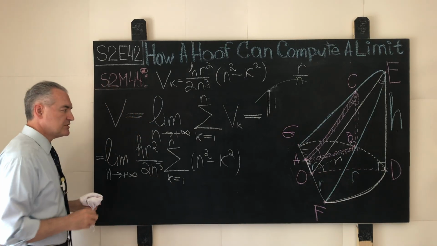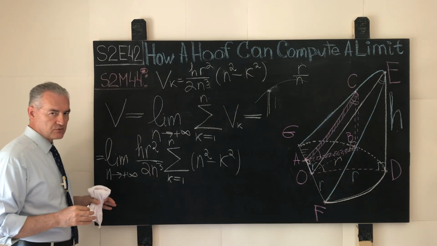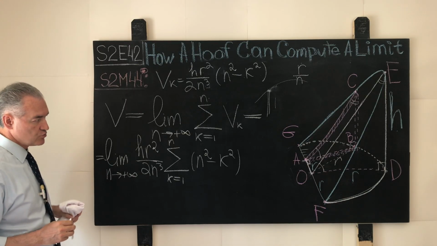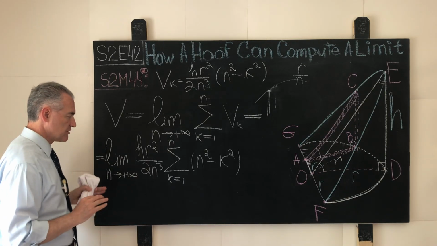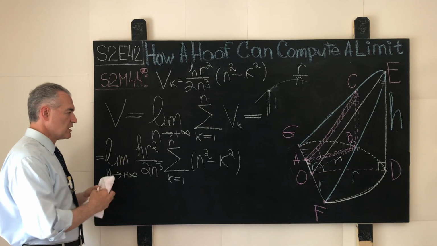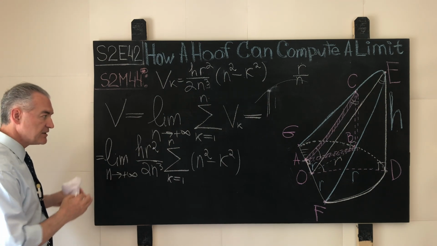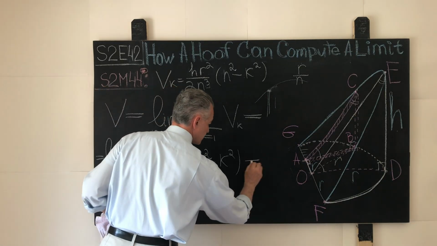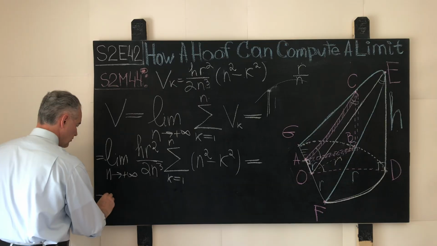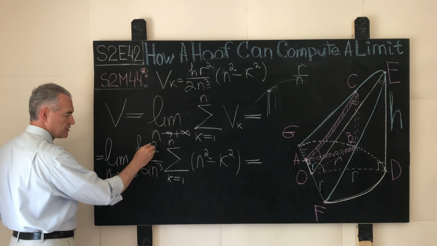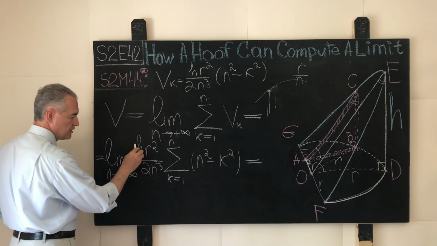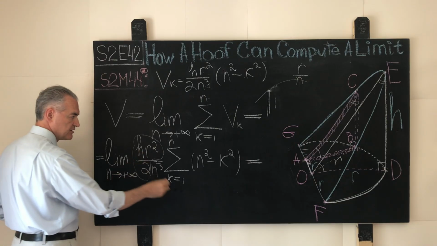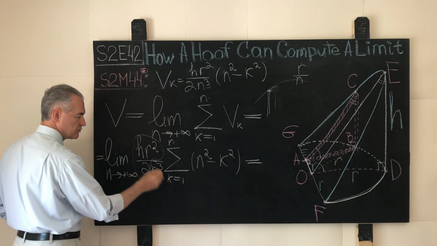Now, these finite sums usually, once we step away from this carefully orchestrated situation, become quite horrible, and I'm not even sure if there is a machinery to always compute them in an algorithmic way, but here the sum comes out quite pleasant. So let us carry out this computation together. For this limit, we have again h r squared over 2. We can carve this out and carry it out from under the limit, because again, this is a constant, does not depend on the dummy summation variable, does not depend on n.